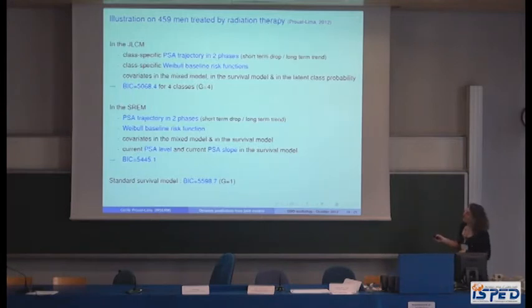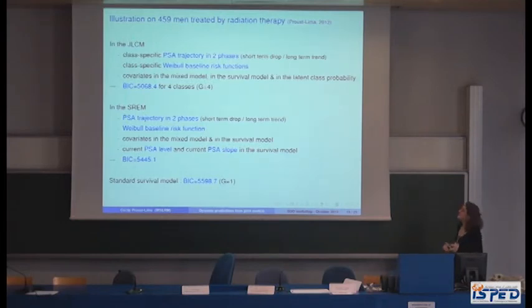The Bayesian information criterion for the joint latent class model was better than the one from the shared random effect model. This was quite expected because in the joint latent class model, you define different profiles of trajectory for the biomarker, so you can be very good in fitting this part of the model.